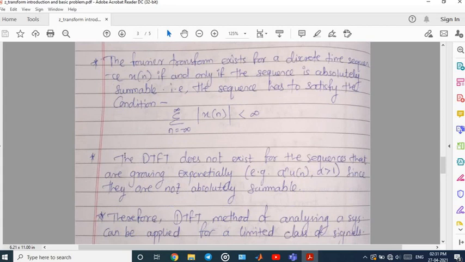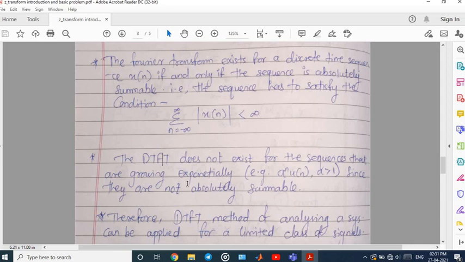Now, the DTFT does not exist for sequences that are growing exponentially. This is an important point. There are two terms: exponentially growing and exponentially decaying.